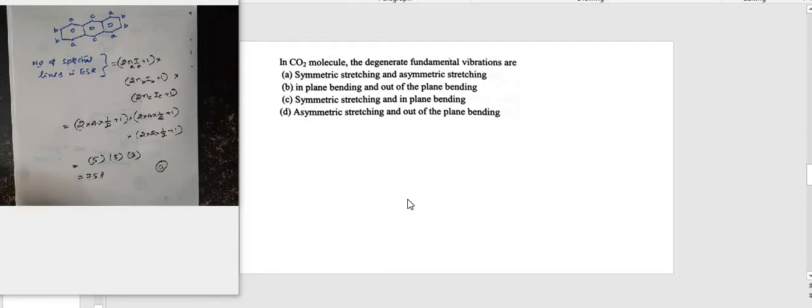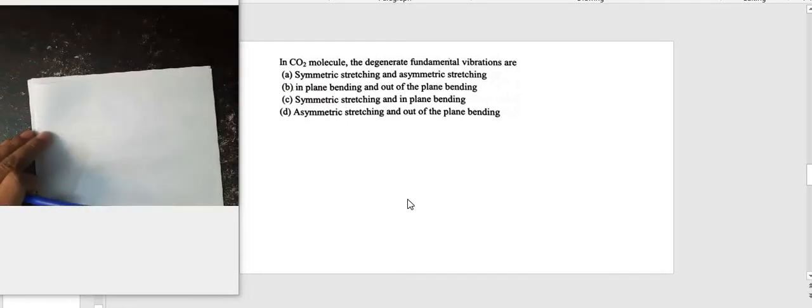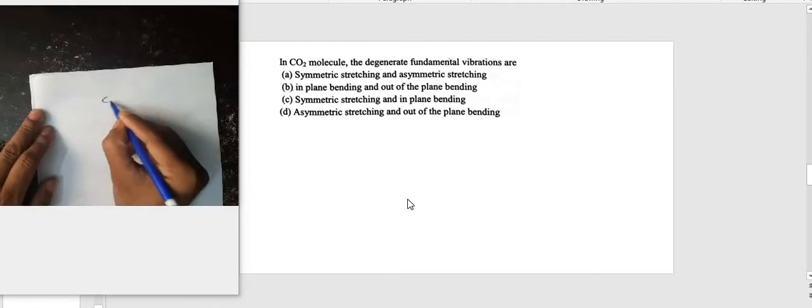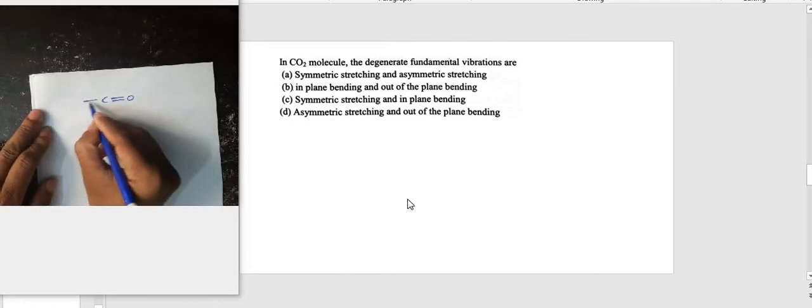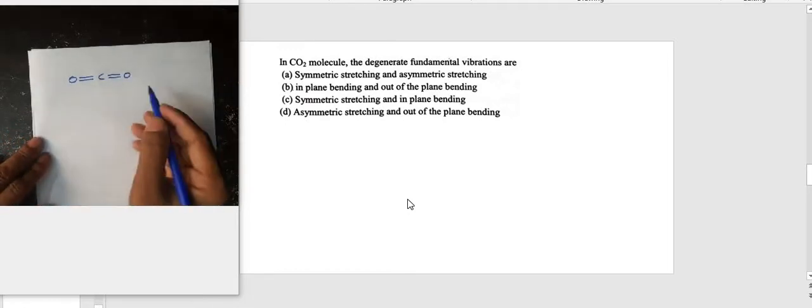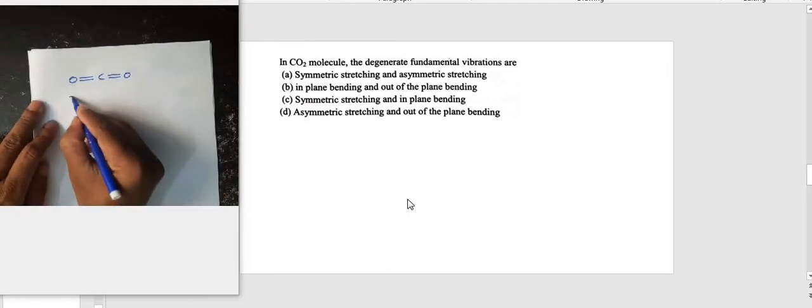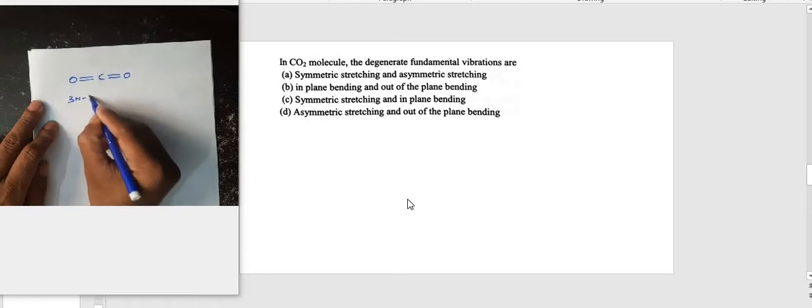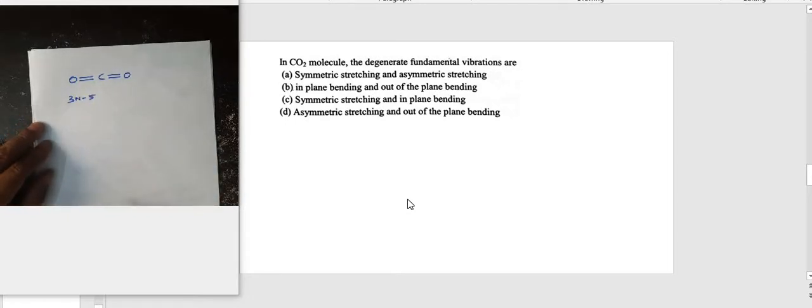In the CO2 molecule, the degenerate fundamental vibrations are... In the carbon dioxide molecule, which is a linear molecule, you can use the formula 3n minus 5 to find the total number of normal modes of vibration.